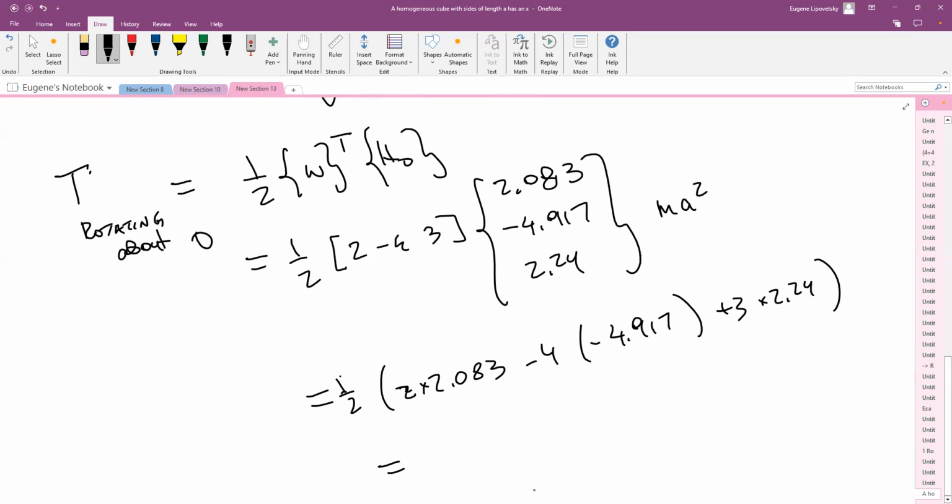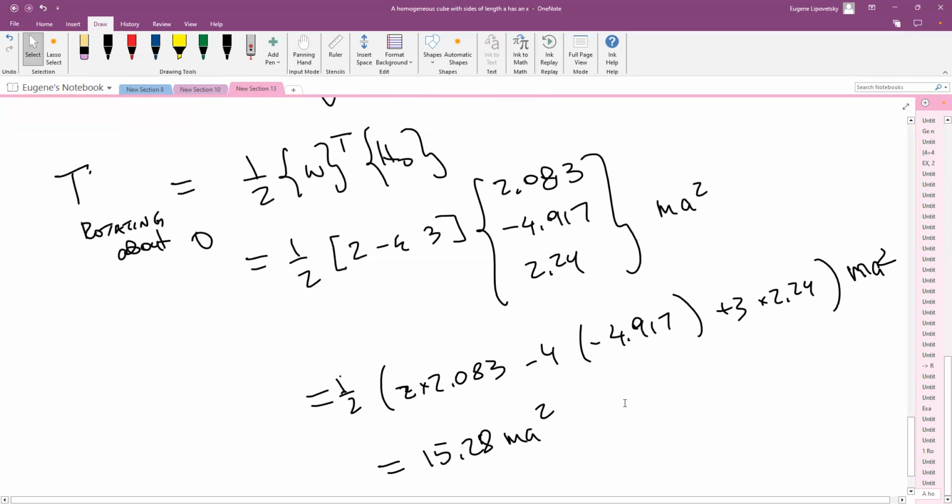And let's not forget the MA squared. It's going to be 15.28 MA squared. All right. Another problem down the line. Let's look at another problem. You guys have any questions about this problem? No? Can I go to the next page? Yes, Professor. Thank you.